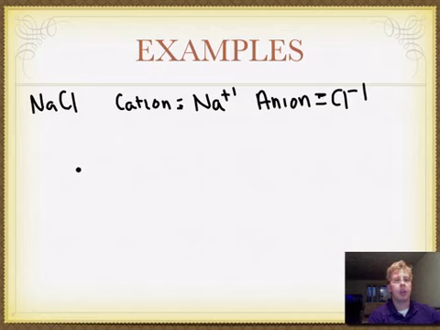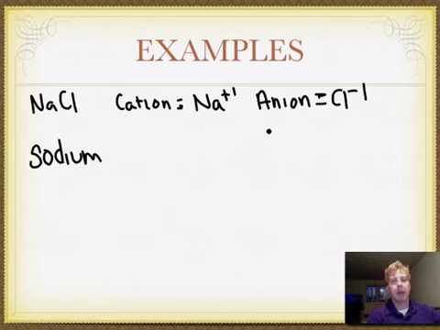For the cation part of the name, I'm first going to see if this is one of my transition metals. Sodium is not one of the transition metals. It's only going to have one charge. So I just need to copy down the name from the periodic table. The sodium ion just gets written as sodium.